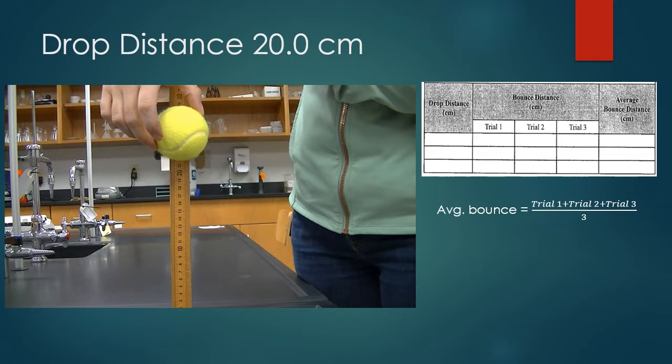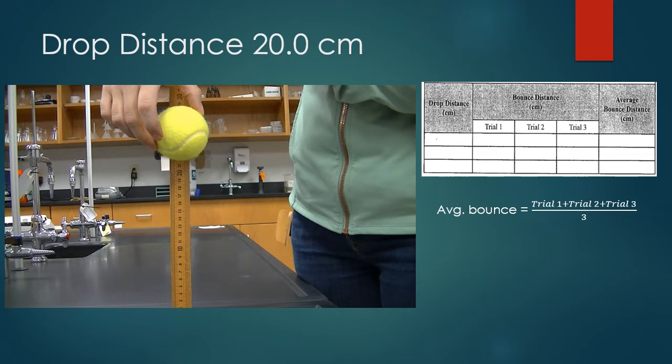And this is one of the sources. I didn't have a lab partner working with me, guiding me, telling me to make sure the bottom of the ball is a little bit lower so that it's at the 20 centimeter mark when I dropped it. So just be aware of that.